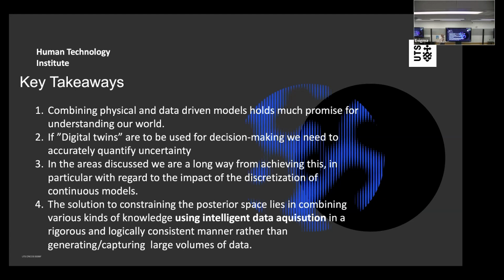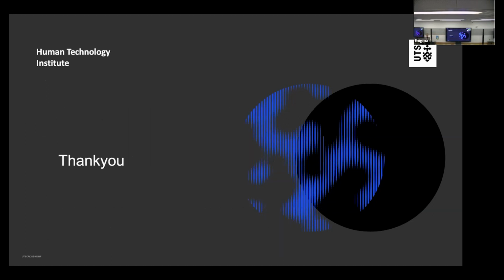So thinking in smart ways about which data will reduce our uncertainty the most, usually using something like mutual information as an acquisition function to narrow down which parts of the posterior we need to explore more. I think of it as smart data. We need to acquire the right data in a smart way rather than just large volumes of data. And that's it. Thank you very much.